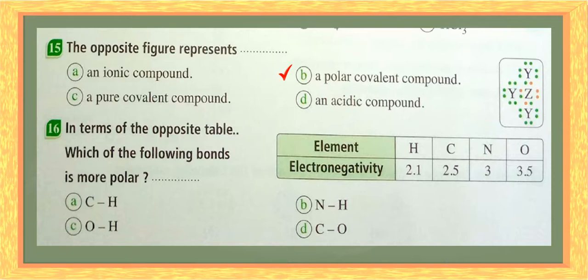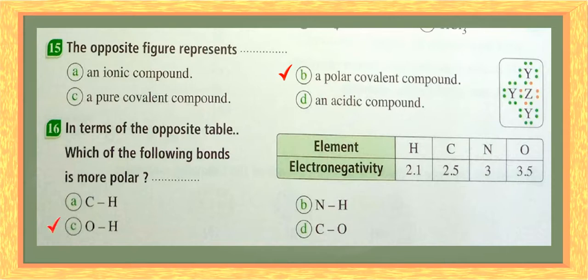NH: 3 minus 2.1 gives 0.9. OH: 3.5 minus 2.1, we have what? We have 1.4. C and O, we have what?